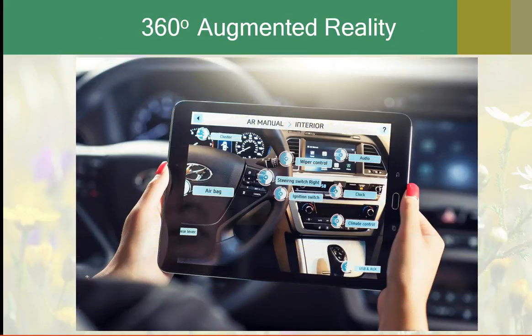The 360-degree augmented reality is where you consider yourself in the position you're at as a center point, and you twirl all the way around, that's the 360-degree. So in this example, a car manufacturer has eliminated the paper version of the manual, and you have a virtual version using augmented reality. So you position your camera to whatever instrument it is that you need to learn how to use.